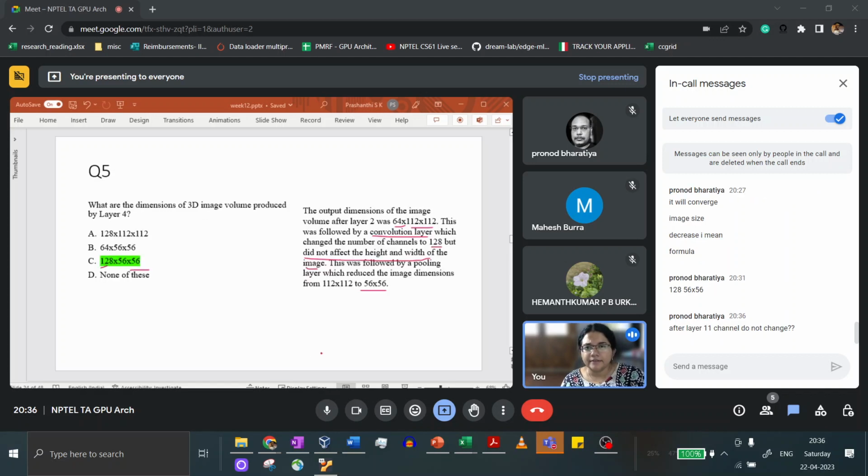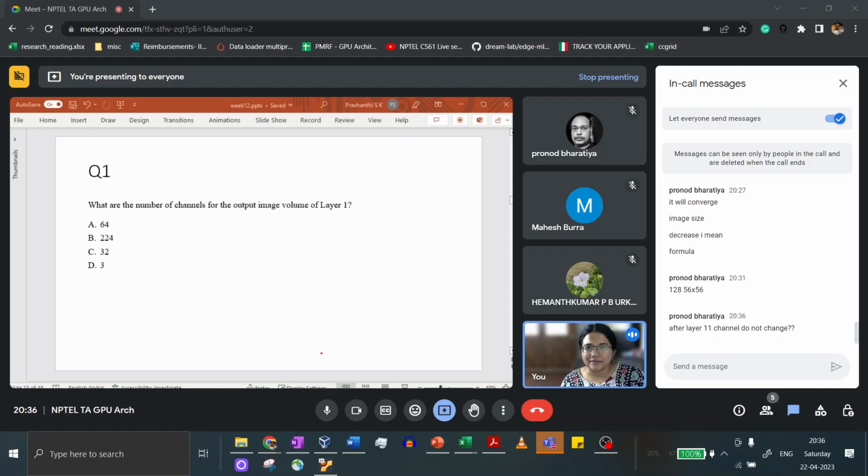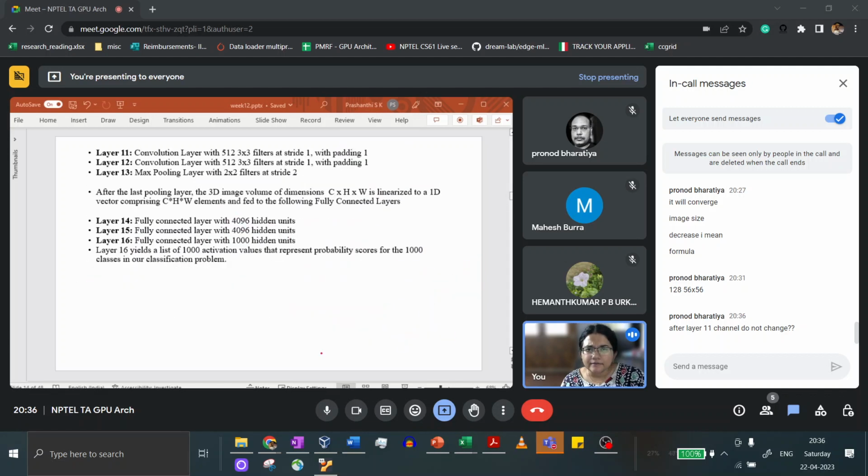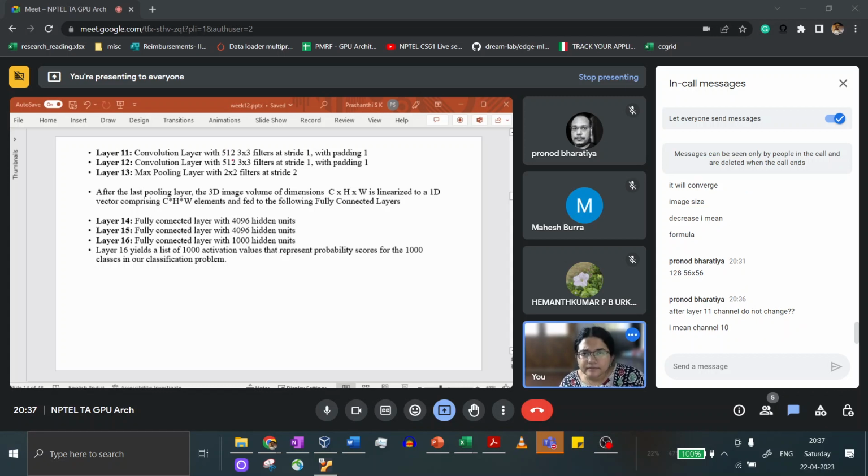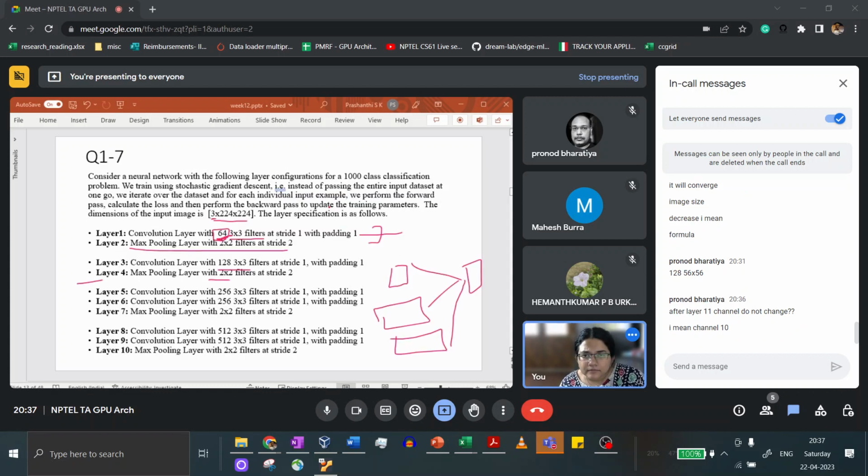After layer 11, channels do not change. What's layer 11? Convolutional layer. It is 512 filters here and 512 filters here. Oh, after layer 10, is it?